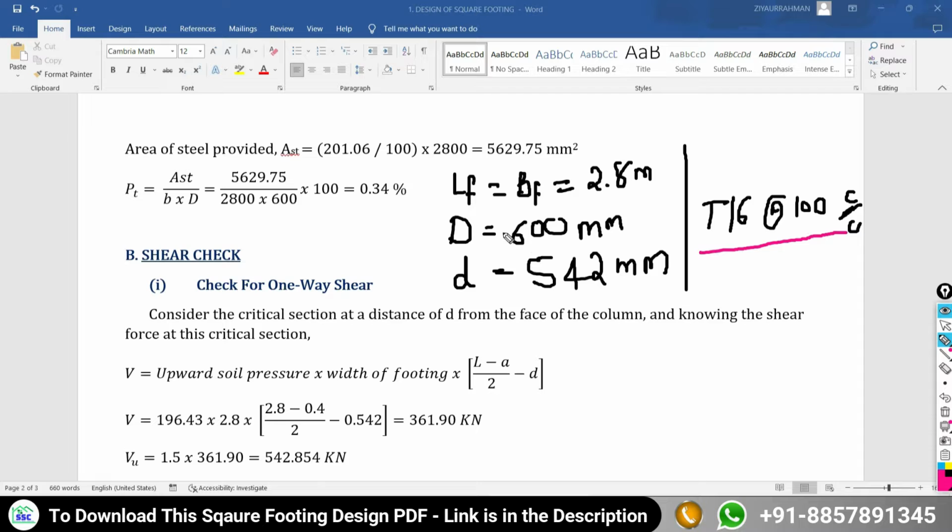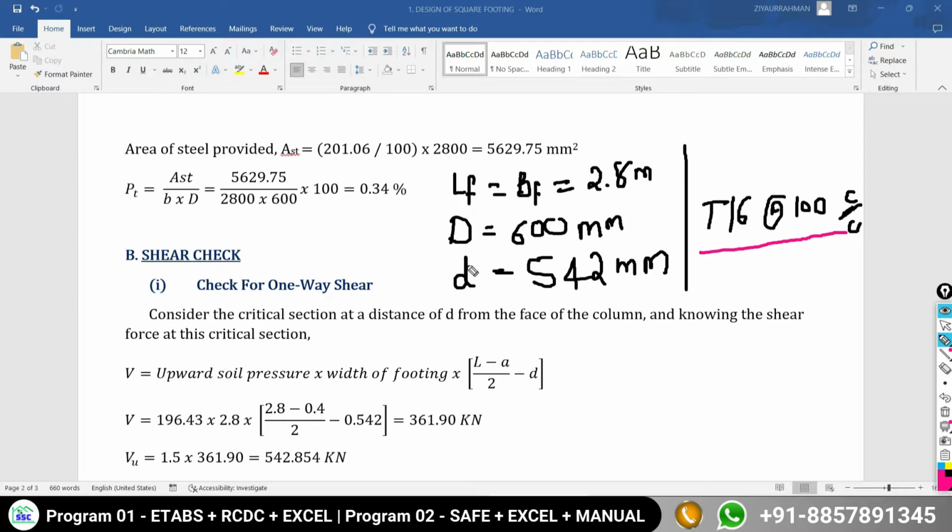But here one thing we have to notice is that the depth we have decided here is by the flexural criteria. As I told you earlier, the depth is influenced by two criteria: first is the flexural criteria, another one is the shear criteria. So we have decided this depth based on the flexural criteria. Now we have to check whether this depth is safe for the shear criteria.